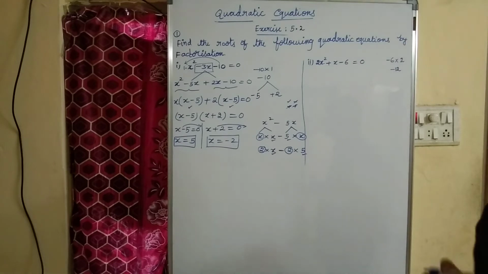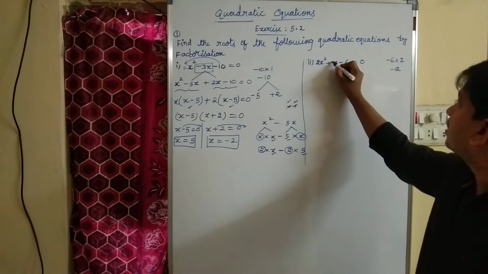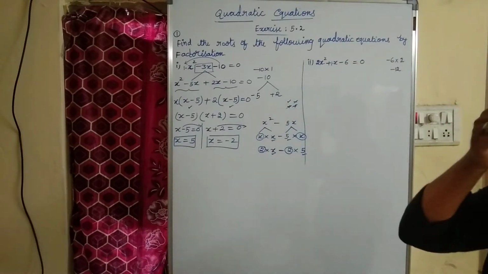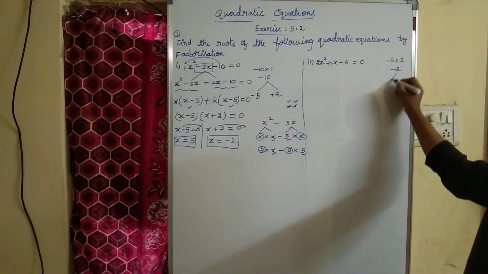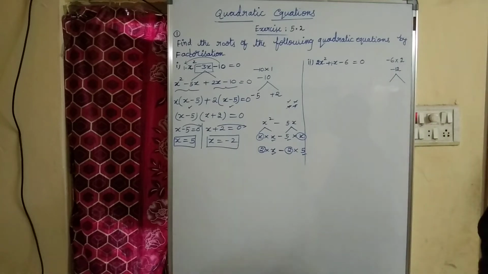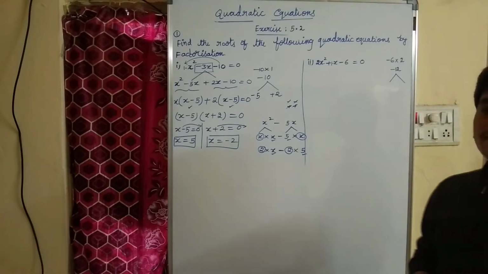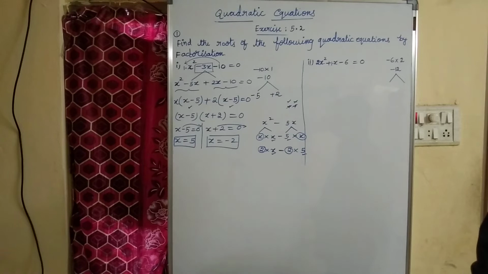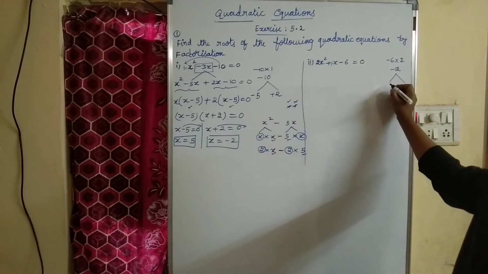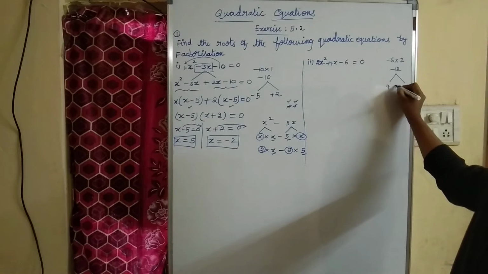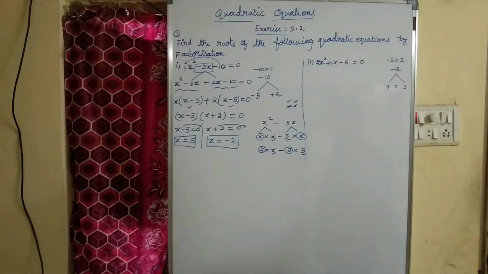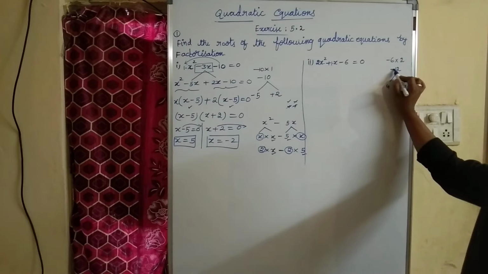Okay children. Now what is the middle term? The middle term here is 1x. Right? Now let us find the factors of 12. 1 12s are 12, 2 6s are 12, 3 4s are 12. As the middle term is 1x, let me take 4 into 3, we have here minus 12.